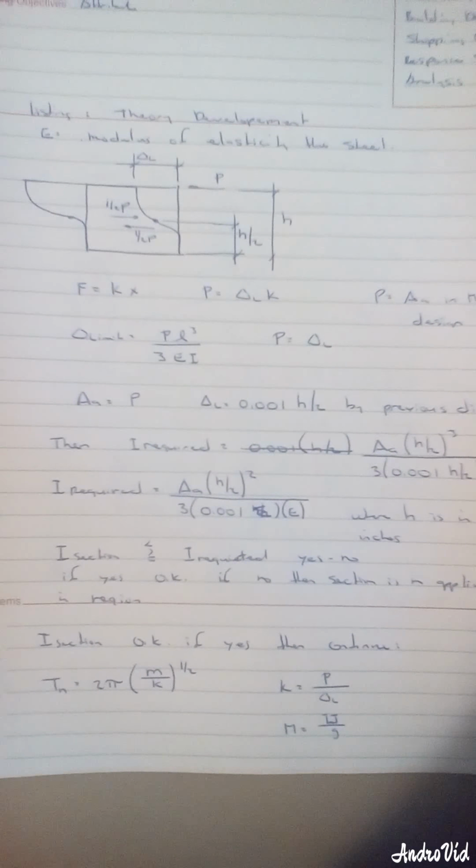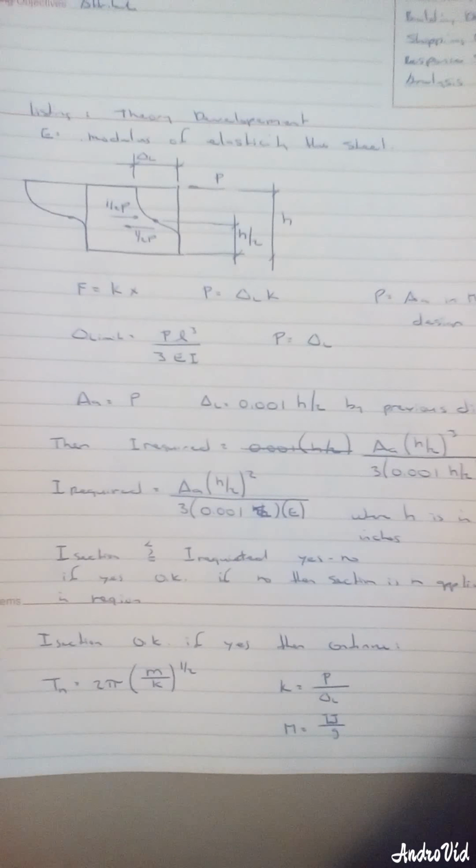So then I required is equal to A sub A times h over 2 cubed divided by 3 times 0.001 h over 2 times E, and then the I required is A sub A times h over 2 squared divided by 3 times 0.001 E, where h is in inches.